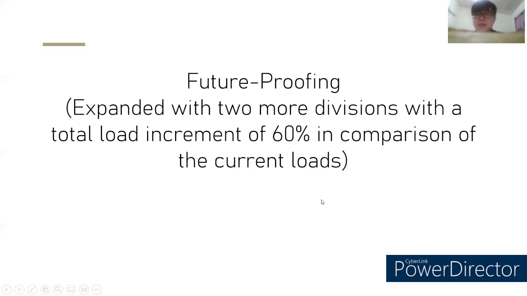Since in the assignment we were given the task of future-proofing the industrial power system, we needed to take into consideration a total load increment of 60% in comparison to the current loads that have been given.